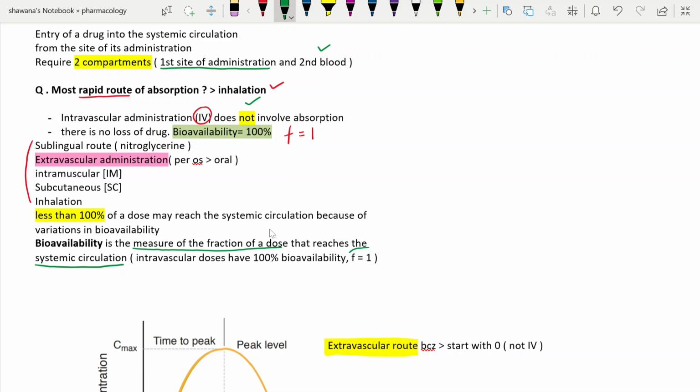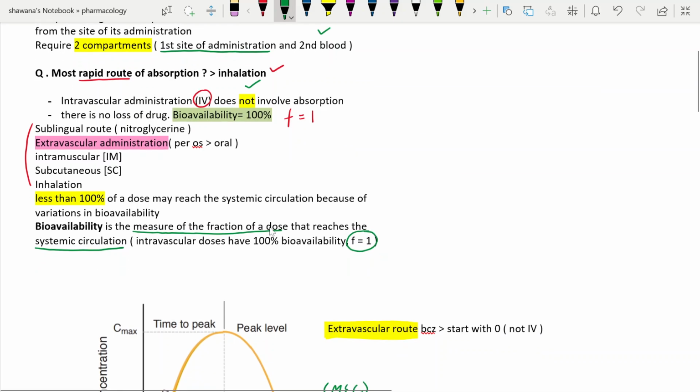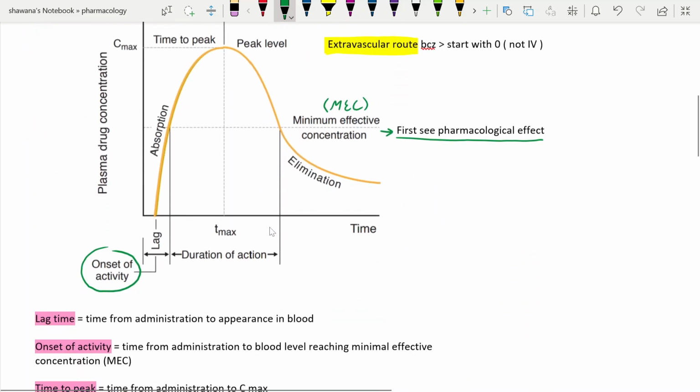And as I have told you, intravenously F is equal to 1, there is no loss of the drug during the process. So the bioavailability for IV is 100%.